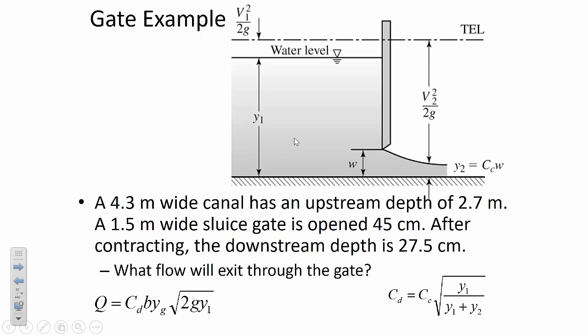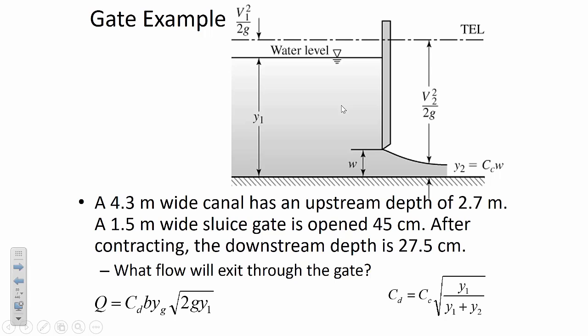And so if we were to calculate the critical depth for this channel, and if the gate is below the critical depth line, usually what we would do in a situation like this is draw a dashed line to represent what depth is associated with the critical depth. So if this gate is below the critical depth, then what that tells us is it's forcing the water to flow at a supercritical depth.